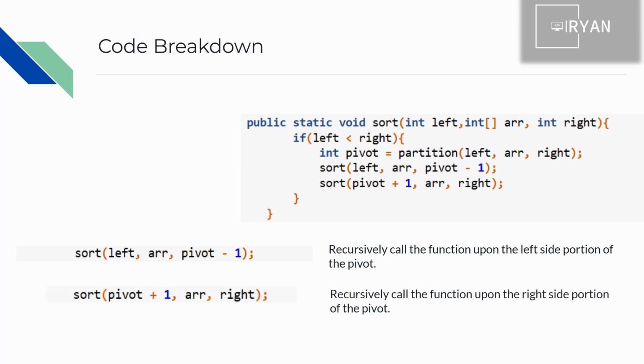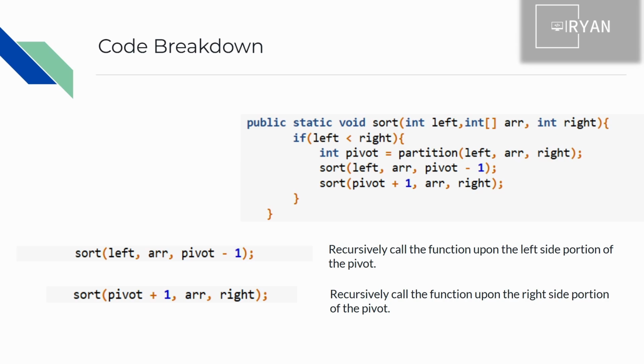For the other recursive call, we can see some values have been changed, of course. Since we're calling upon the right side portion of the pivot, we have to change the starting point of our sorting range.